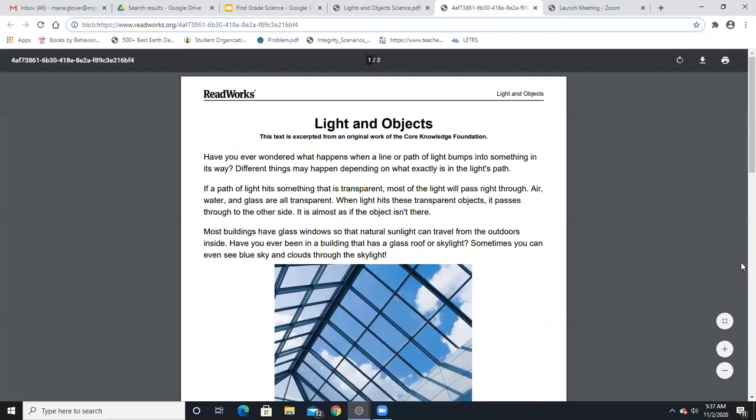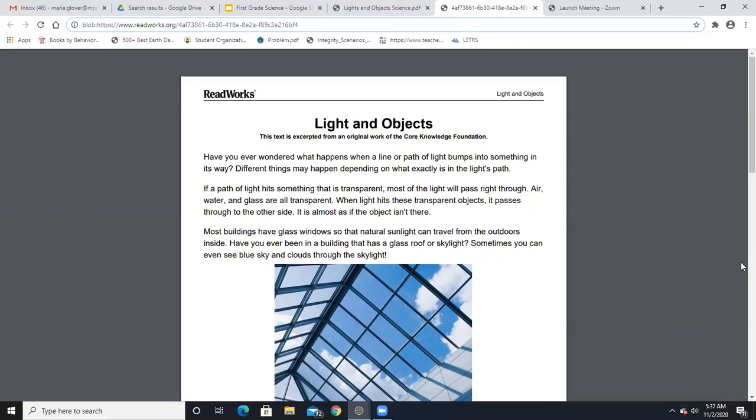Light and objects. Have you ever wondered what happens when a line or path of light bumps into something in its way? Different things may happen depending on what exactly is in the light's path. If a path of light hits something that is transparent, most of the light will pass right through. Air, water, and glass are all transparent.